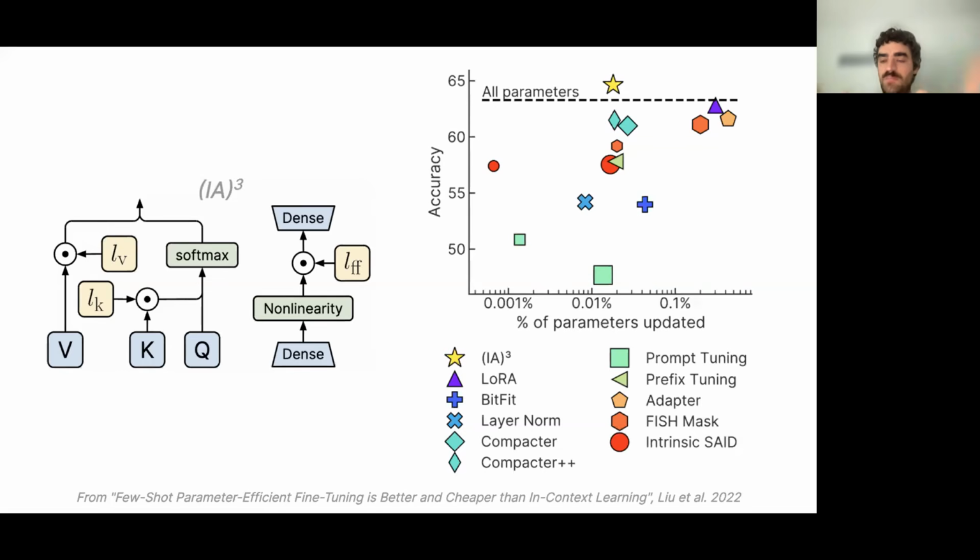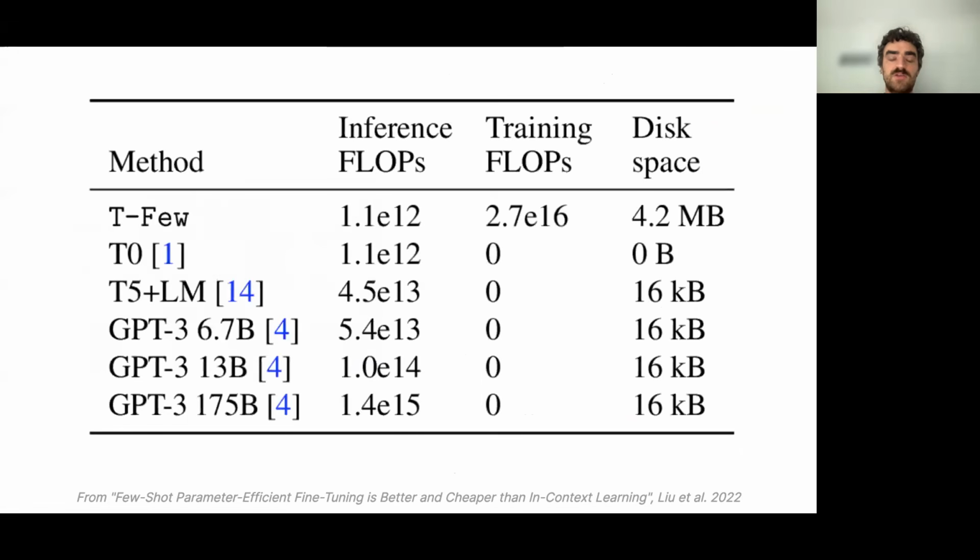Now let's try to compare this in terms of the costs to few-shot in-context learning. If we take our parameter-efficient fine-tuning method I just mentioned and apply it to T0, we call that T-few, and the costs of T-few are shown in the top row here.